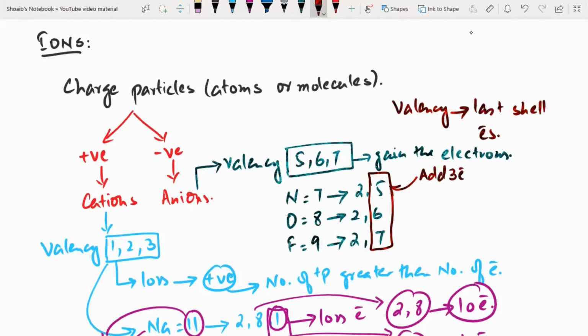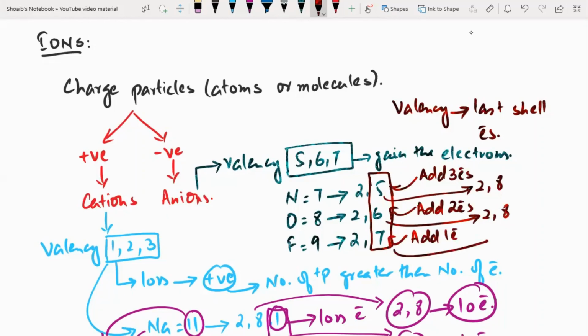The 3 electrons are gained by the 5 and the electronic configuration becomes 2 and 8. Now 2 electrons are going to be added to the 6, so the electronic configuration becomes 2 and 8. Then 1 electron is needed for fluorine to complete its octet, so the electronic configuration becomes 2 and 8.